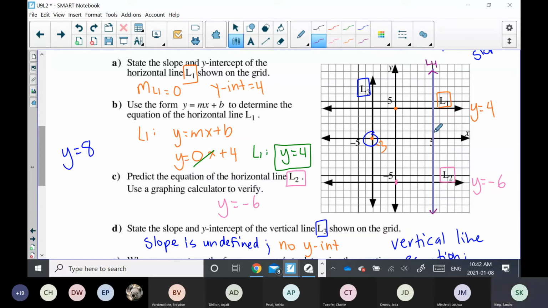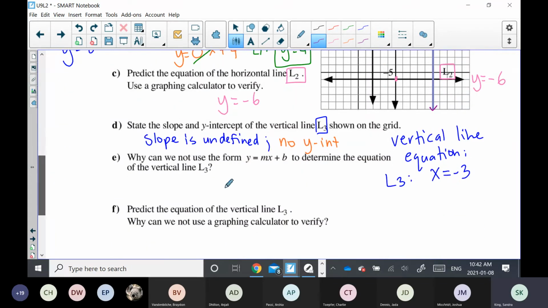And if I said to you, well, what's the equation of this line? You look, whether they're horizontal or vertical, you look at the intercept. So in this case, the intercept is right here. It is an x-intercept. So the equation of line 4 would be x is equal to 5.